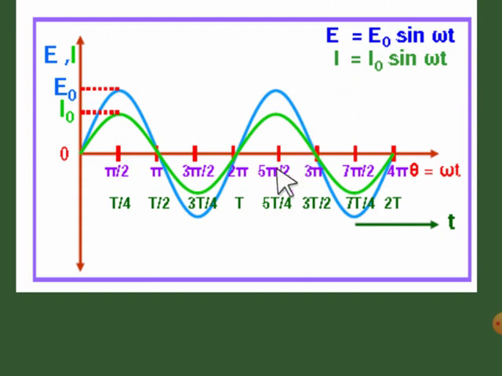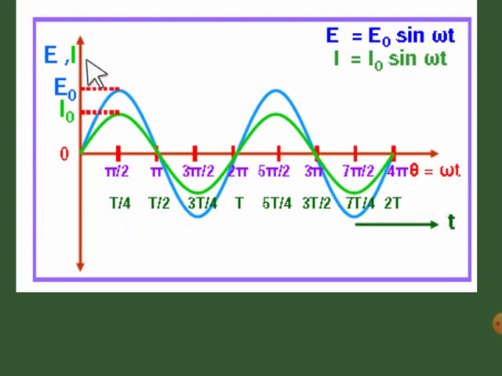Now let's draw a graph to show the sinusoidal functions of EMF and AC current. Along the x-axis we draw theta, the angle equal to omega t, or you can use time also.